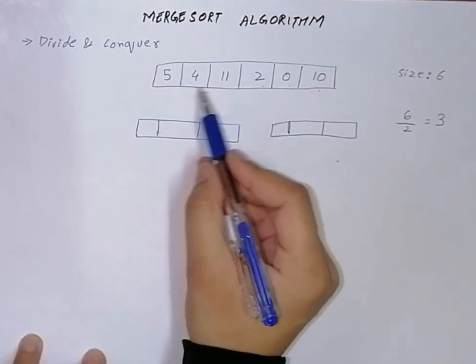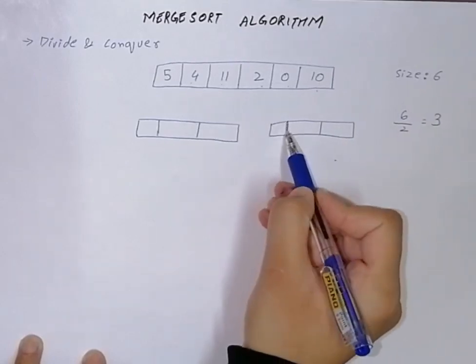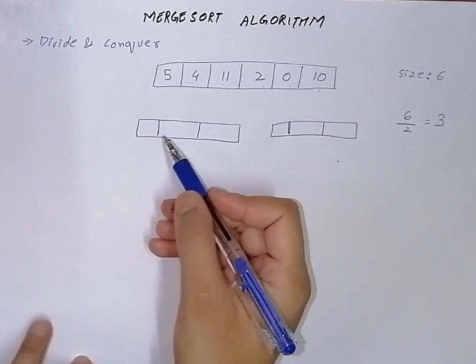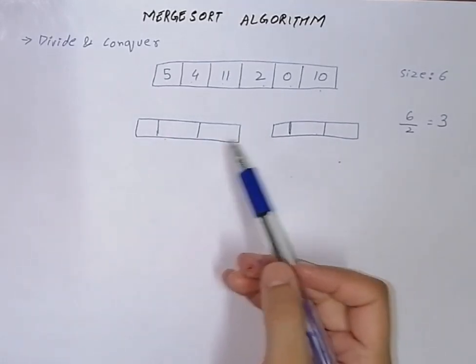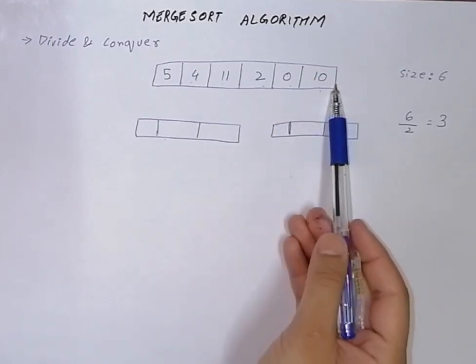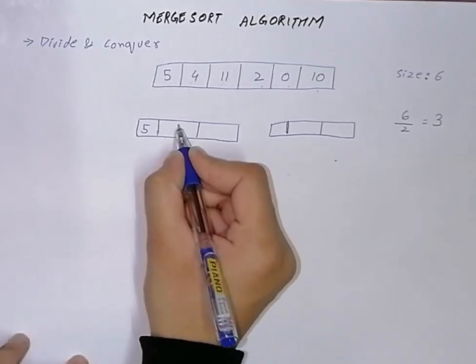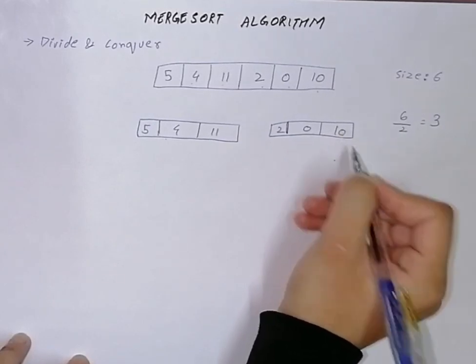Since the size divided by 2 is 3, I have 3 on this side and 3 on this side, and 3 plus 3 sums up to 6. Next, I rewrite the elements inside the cells, that is 2, 0 and 10.